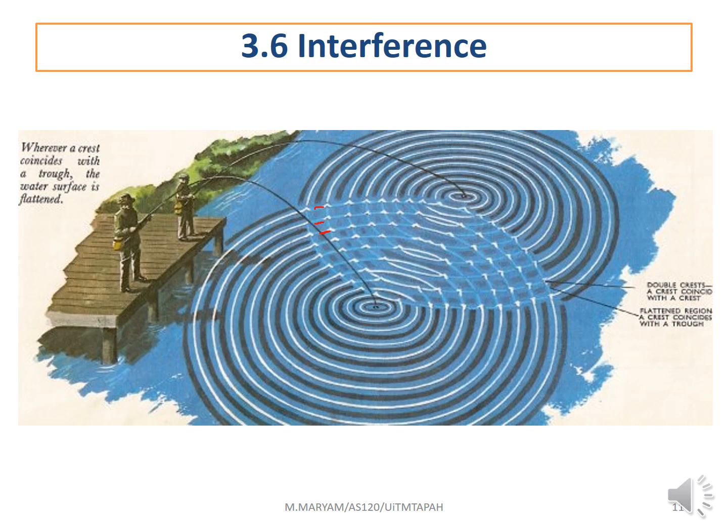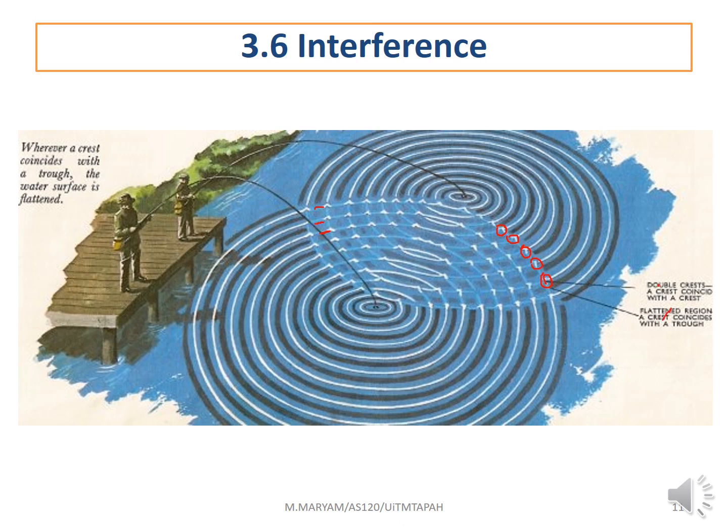Double crest here. As you can see, all the white color here is a double crest. What is it when a crest coincides with a crest? It becomes a double crest.